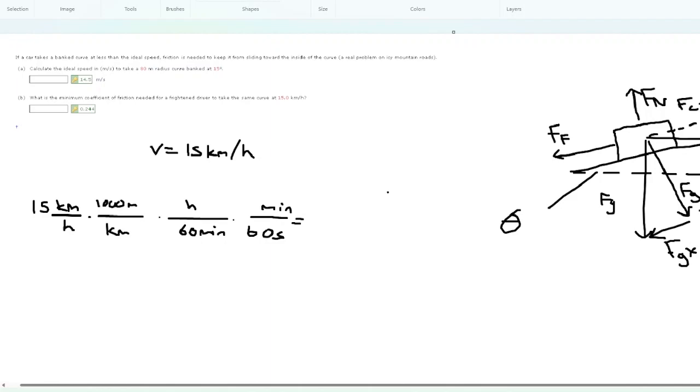Which is going to get us 4.166 repeating meters per second. Poor guy or poor girl. Poor person is traveling at 4 meters per second. Now I understand what they mean by frightened. A frightened person wouldn't be going excessively fast on an icy road. They'll be going extremely slow.